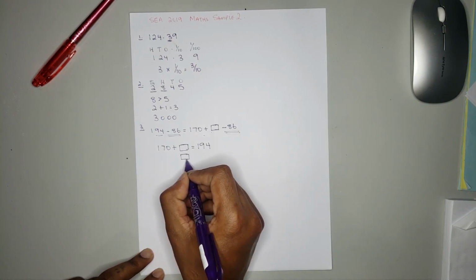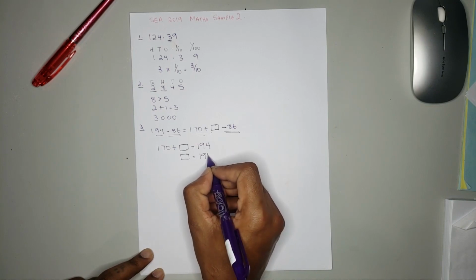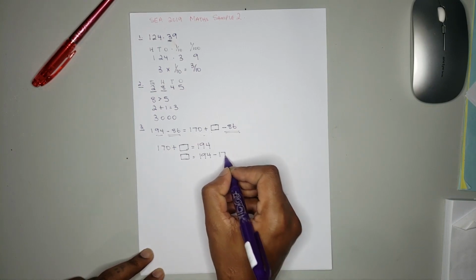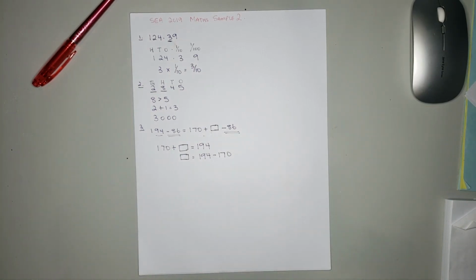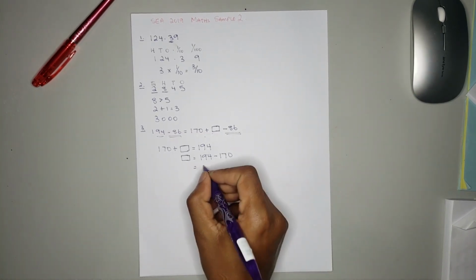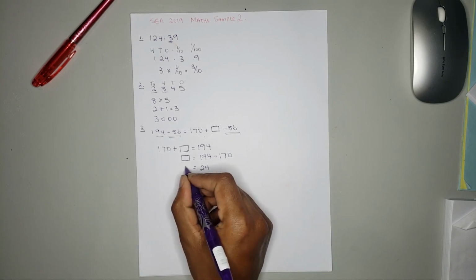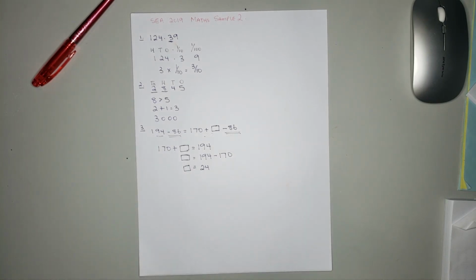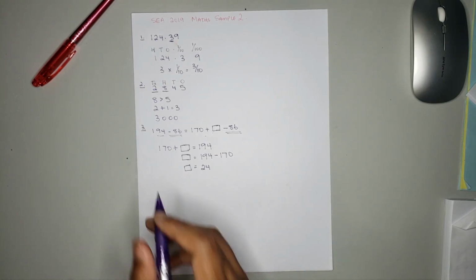Whatever the unknown amount is, it is equal to 194 take away 170, and you will get 24. So the unknown amount that needs to go in the box is 24.